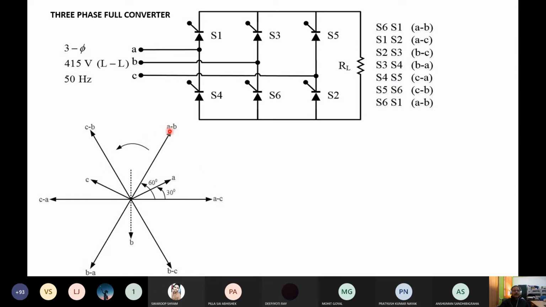And just see, AB first. Line voltage maximum positive is AB, AC, BC, BA, CA, and CB. AB, AC, BC, BA, CA, CB, and AB. So sequence of triggering 1, 2, 3, 4, 5, 6. But two gate pulses are required here, unlike the previous one. These are diodes.